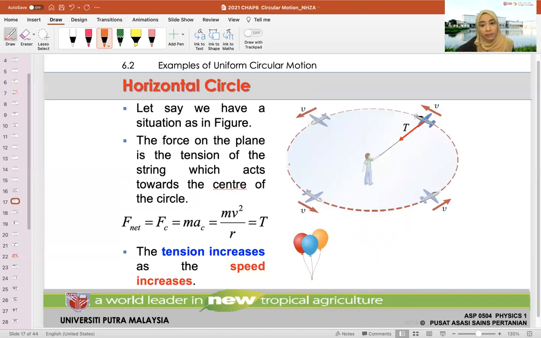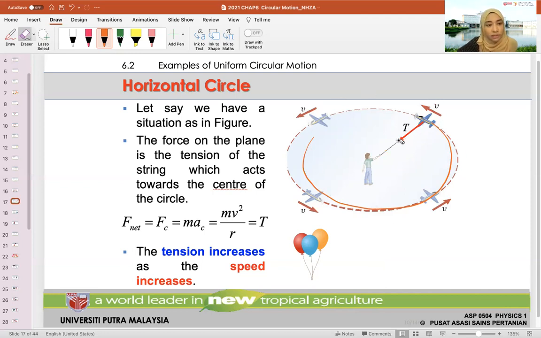Okay, so this example, this is a horizontal circle. So it was swinging an aeroplane, right? So ada string. So we know that there is tension over here. Kenapa saya punya pen not working? Okay, this is T, this is T. But we want to know what is acting from the circular path towards the center. So I don't really care about the T acting on this guy, right? I just want to know what is coming from this circular path.